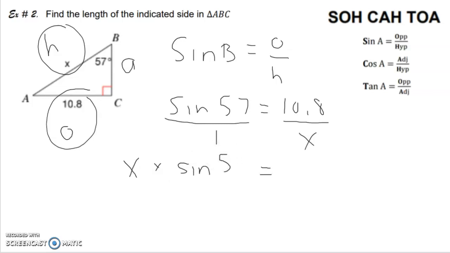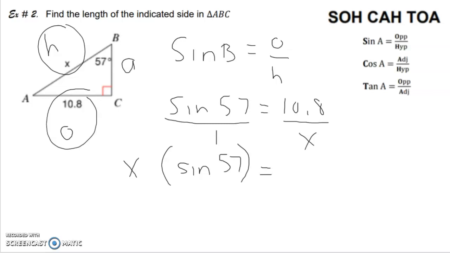sine 57. Sometimes it gets a little bit confusing when you have an X and then a times sign. So what I like to recommend is you could also put this in brackets. Anything outside of a bracket, if there's nothing in between it, it is assumed that it's multiplication.